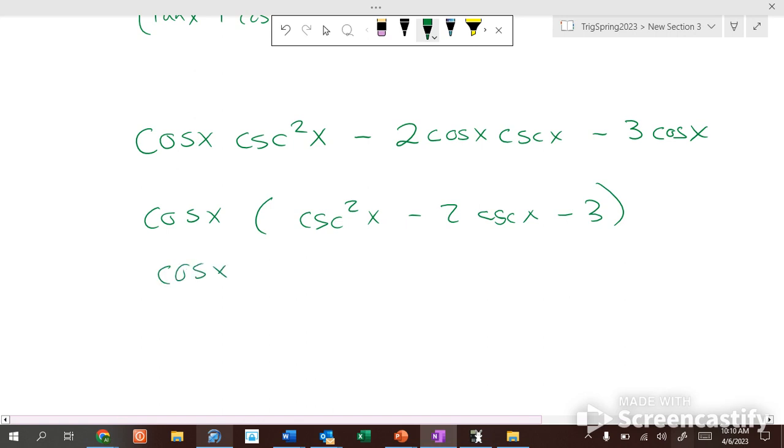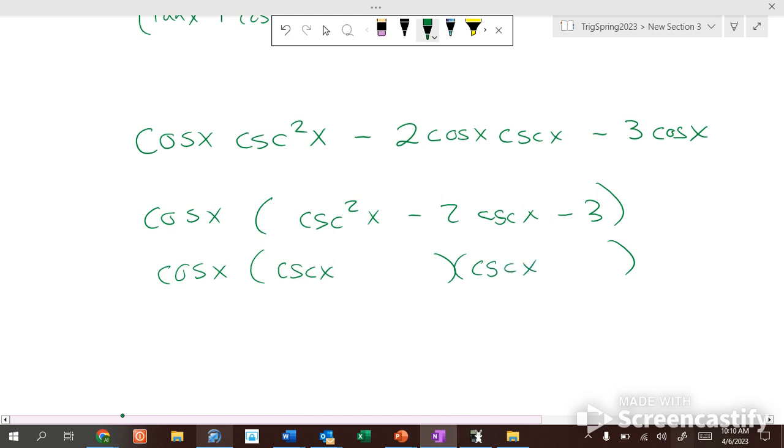So cosine of x is on the outside, 2 sets of parentheses. Then the first term in each is cosecant of x.